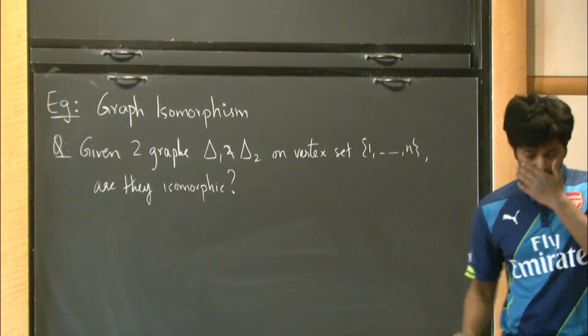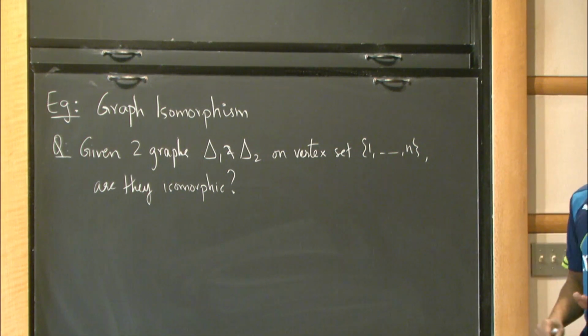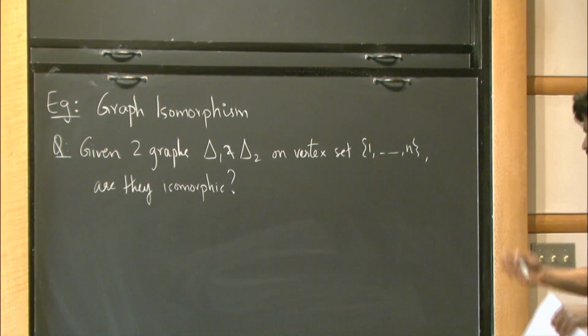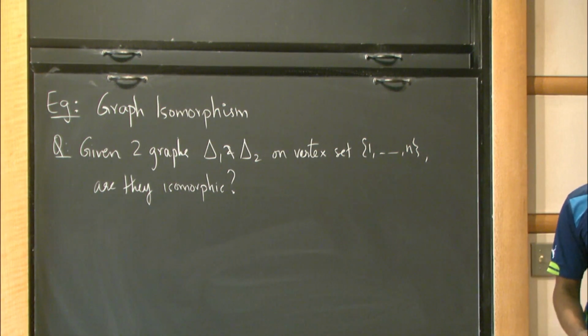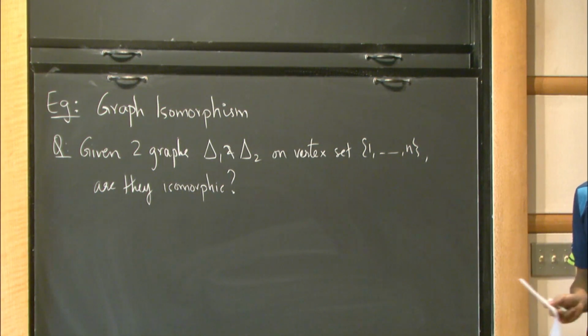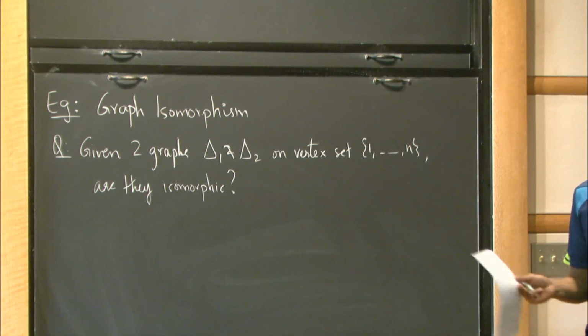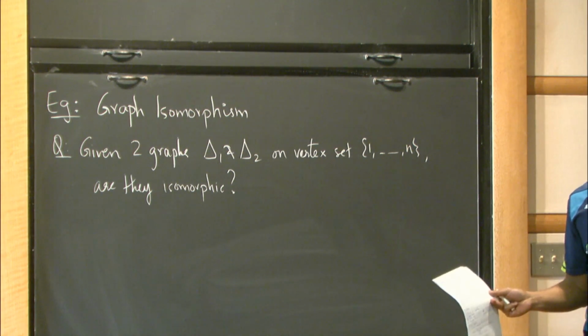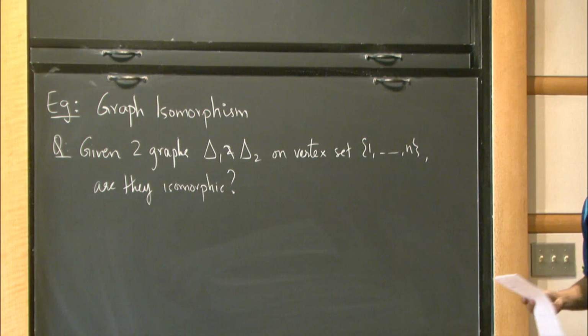I write it as a question, and it can be interpreted in many ways, but I want to interpret this in an algorithmic sense, where the answer to such a question should be an algorithm that says, you give me two graphs, I will tell you, hopefully efficiently, whether they're the same graph or not up to isomorphism. Well, the naive algorithm is what?